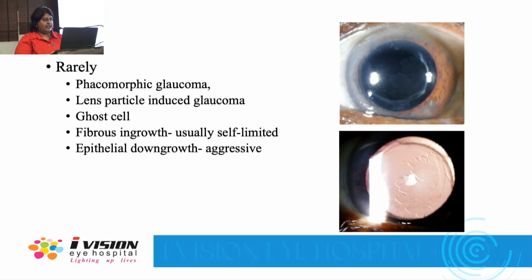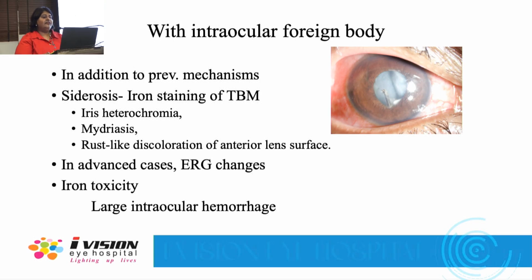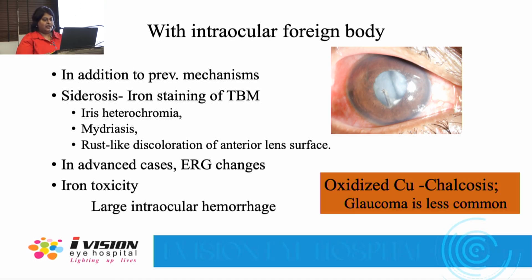Again, we should always remember epithelial ingrowth, epithelial downgrowth and fibrous ingrowth, which might also block the angles. When there is an intraocular foreign body, siderosis and chalcosis also have to be remembered. In chalcosis, glaucoma is usually rare.